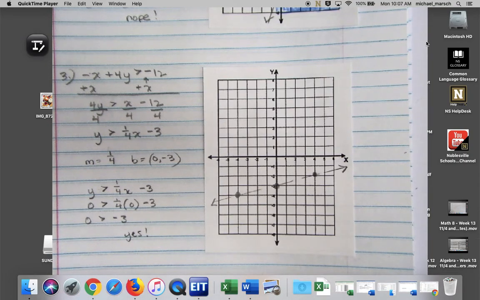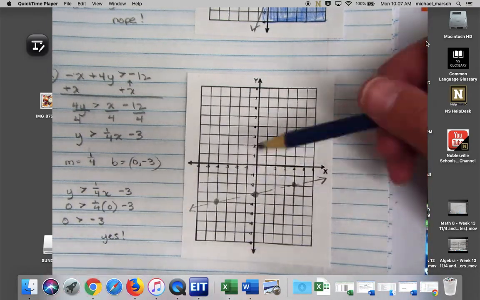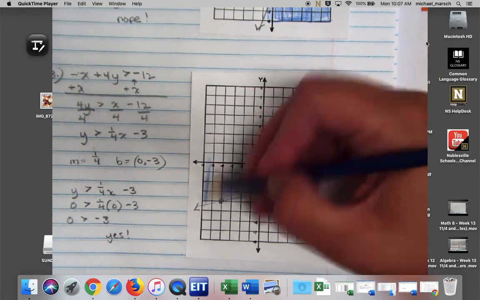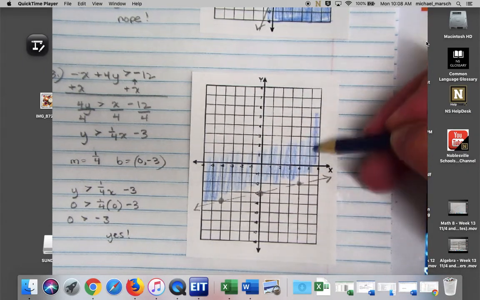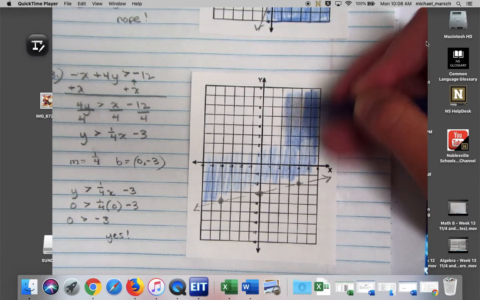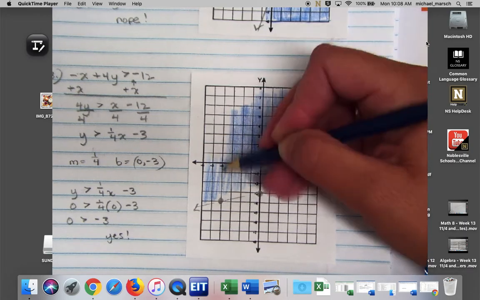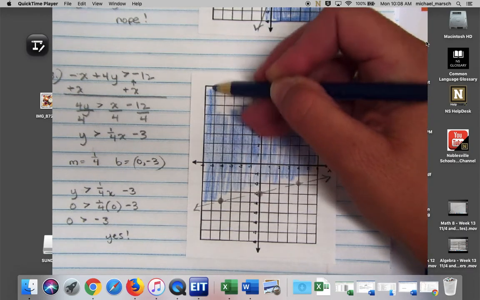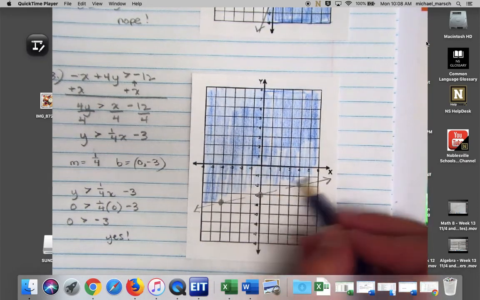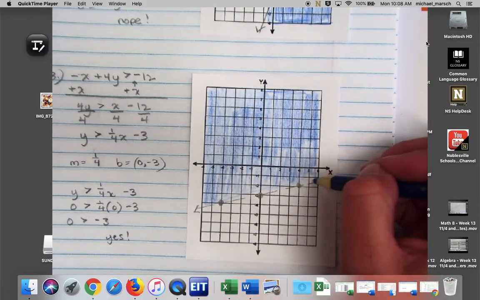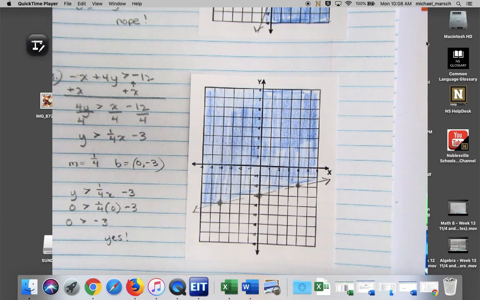So I'm going to shade toward 0, 0 because it does make the inequality work. So now I'm going to color all of this space up here. Okay, so now I have my graph of my linear inequality. This is so exciting.